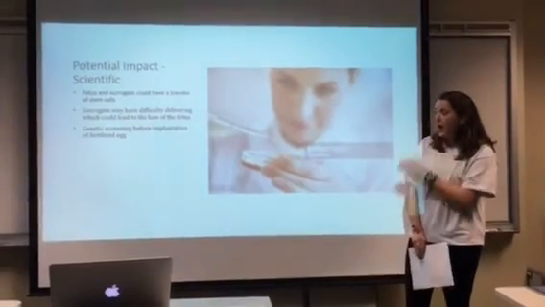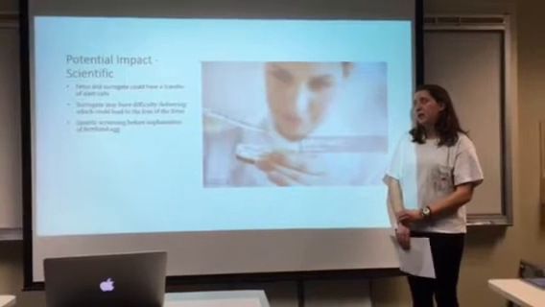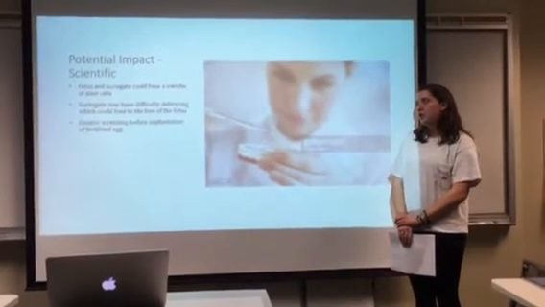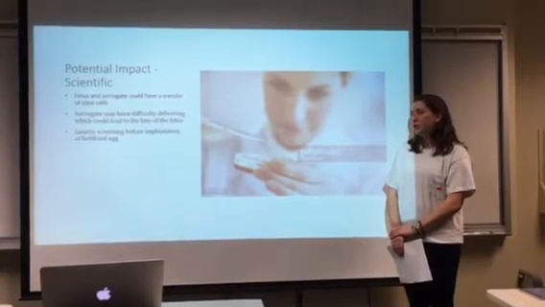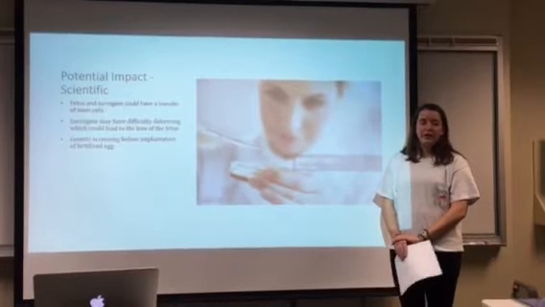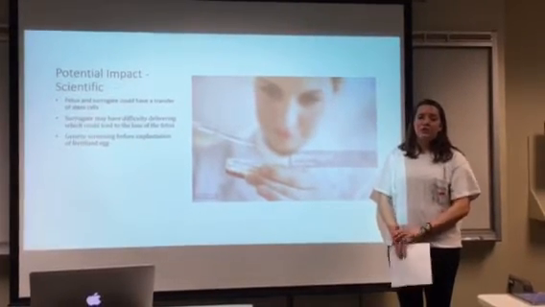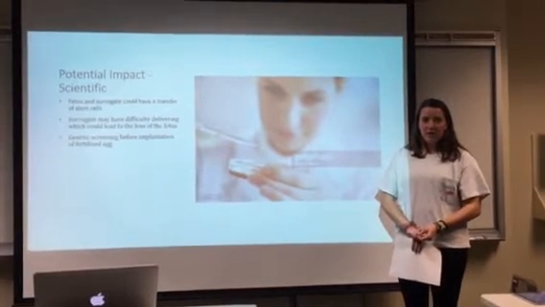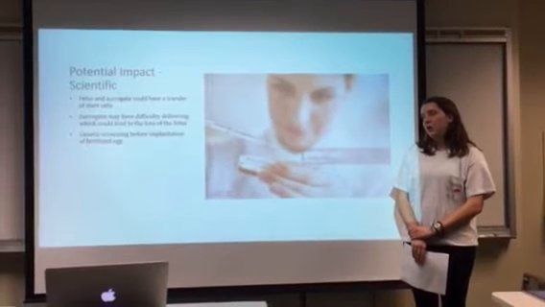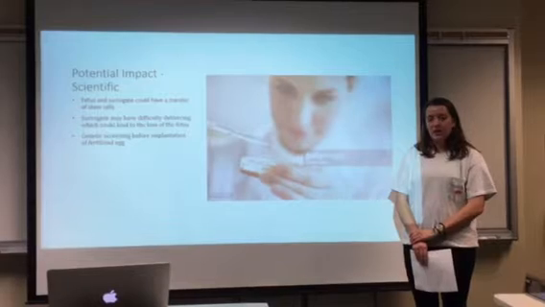The scientific impact: fetus and surrogate could have a transfer of stem cells, which can be harmful and beneficial depending on what cells are transferred. So it's important to have genetic screening prior to the fertilization of the egg, so that there's genetic screening of the biological father, mother, and then the surrogate, to make sure that no harmful cells are passed between the surrogate and the fetus.